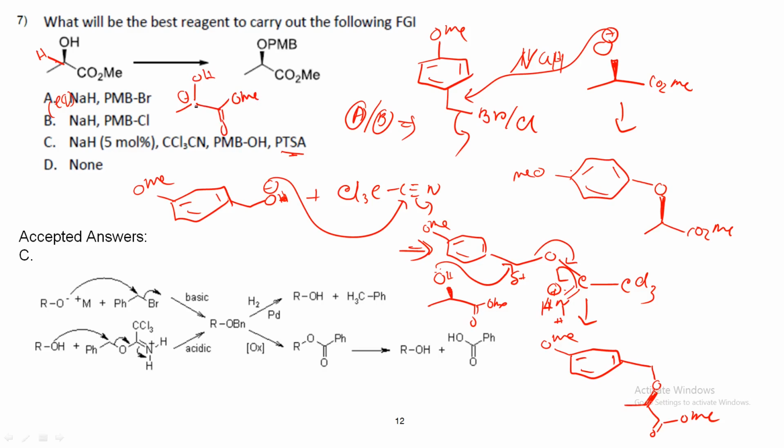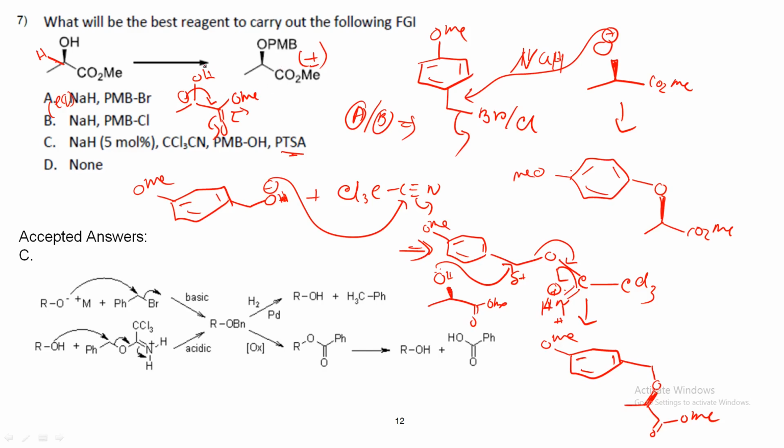Now when this kind of species is generated, this would lead to racemization. If you use these two conditions here, you can generate not purely racemic, but of course both the isomers, both the R and S, you would be getting.